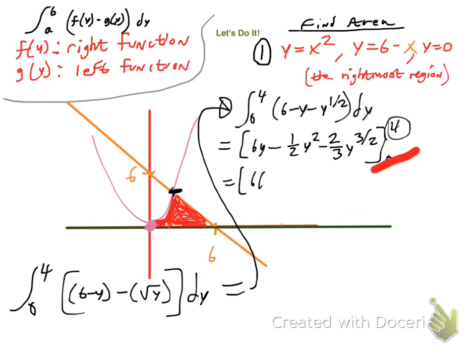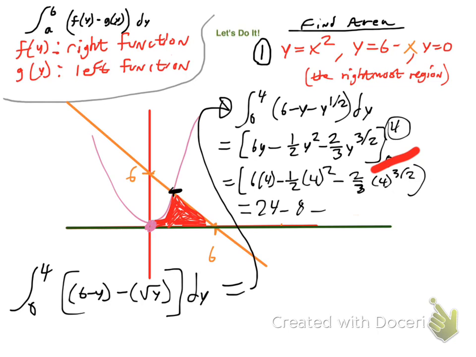So just plug in the upper limit. 6 times 4 minus a half times 4 squared minus 2 over 3, 4 to the 3 halves, equals 24 minus 16 over 2, which is 8, minus 4 to the 3 halves. 4 to the 3 halves is the square root of 4 cubed.